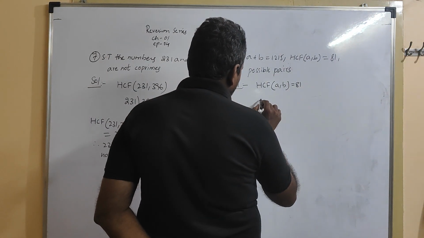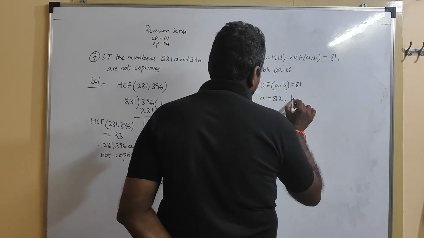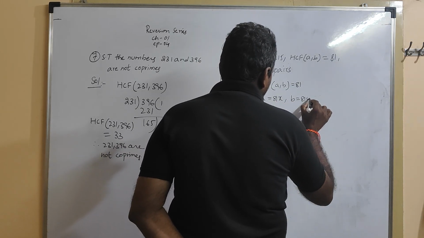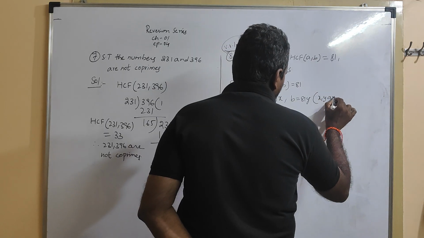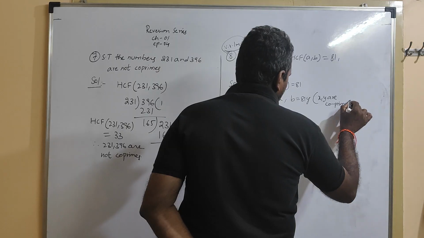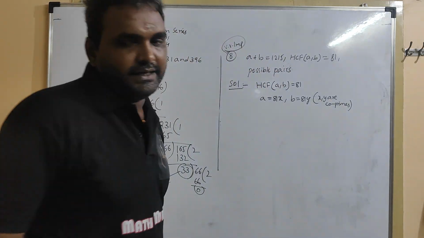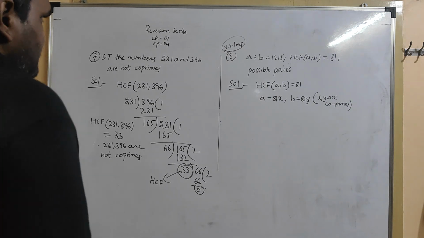See, A is equal to 81x, B is equal to 81y, in brackets, x comma y are co-primes.